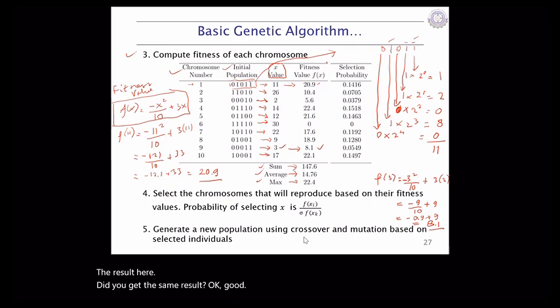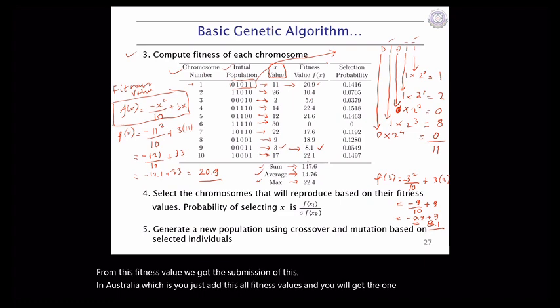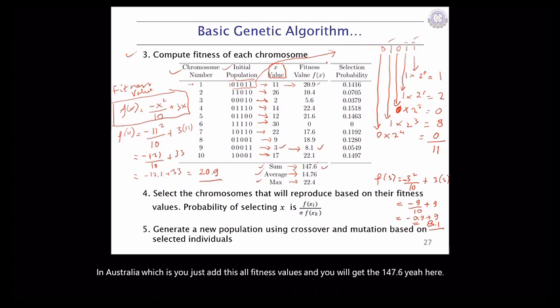All right, so then we continue with the selection probability. From this fitness value, we got the summation of the fitness values, which is you just add all these fitness values, and you will get 147.6 here. And then the average, you just divide this summation with the chromosome number here, 10.